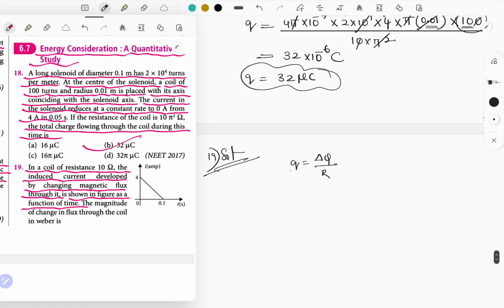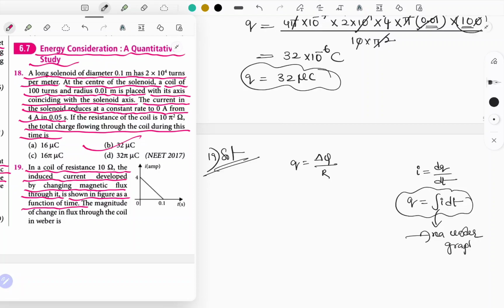First of all, I have to find out charge. The general formula for current in terms of charge is I is equal to dq by dt. So to find out charge, I have to integrate current with respect to time. The meaning of integration is nothing but area under the graph, because they have given a graph, right? So first let's find the area of that graph.